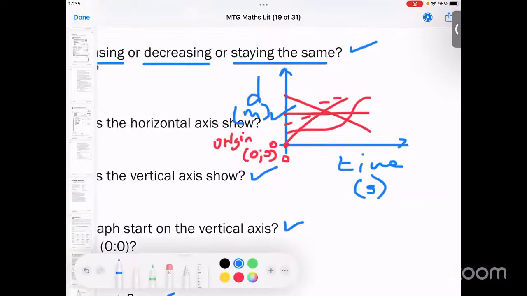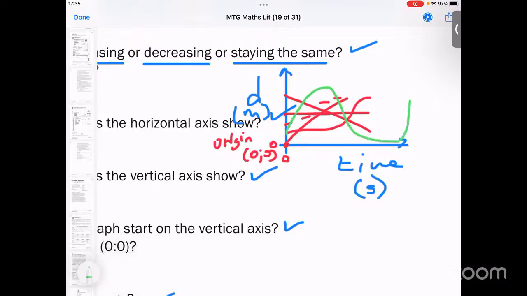So let me just draw something there. Something of that nature. No, it's not a perfect example, but just to give you an idea, we can almost say, let's see.